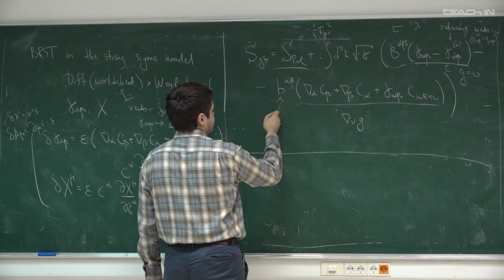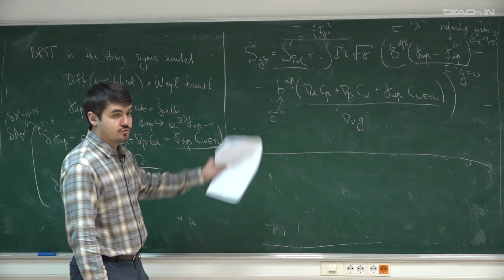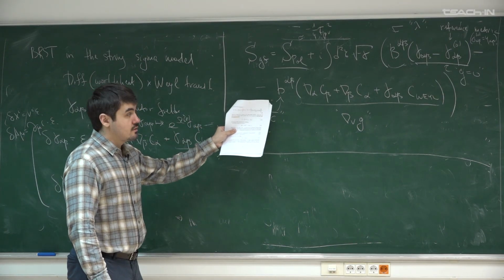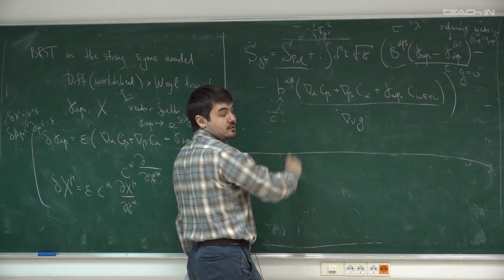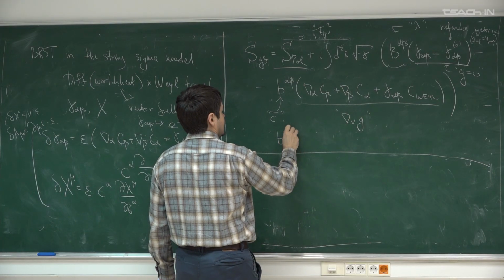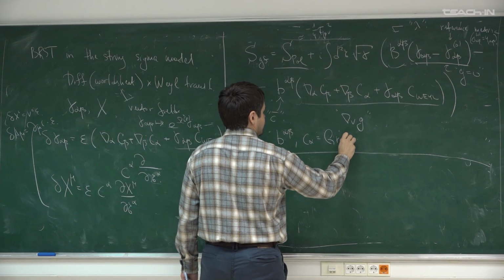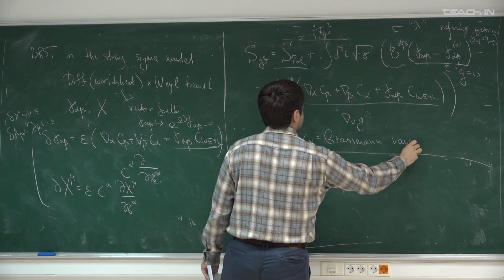Just for whatever reason, here it's called b. It's also symmetric, but this is an anti-commuting variable. So capital B is a bosonic variable, while b and c are fermionic, or anti-commuting: Grassmann variables.